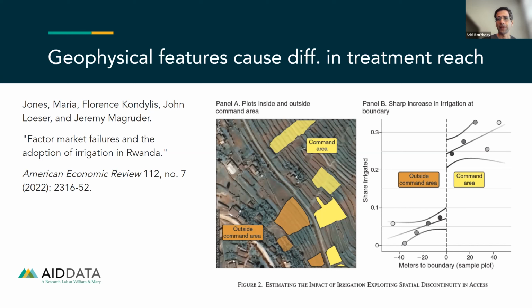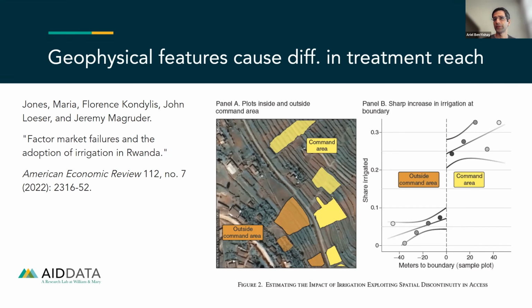As a result, the particular routing was as good as random, and created big differences between those just downhill from the canals and those uphill from the canals. And as a result, we've got big differences that we can exploit for causal impact estimation.